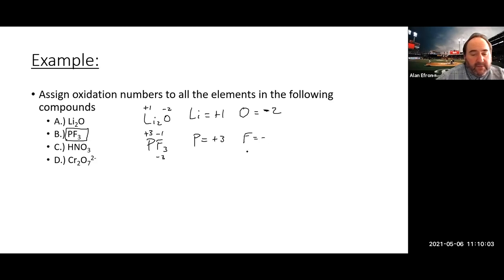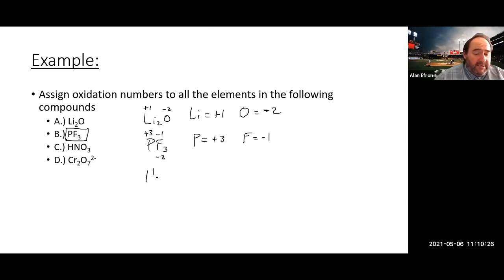Fluorine would be -1. When we think about ionic compounds, we normally think of phosphorus as a -3 charge. But in this arrangement, by sharing electrons with the fluorine, it's picking up more of a +3 arrangement. Also remember that -3 for phosphorus is when it is attached to a metal.